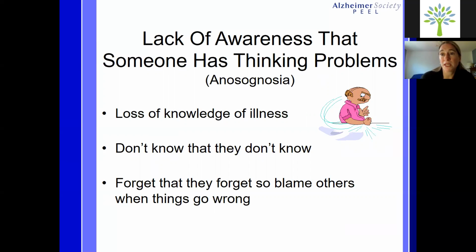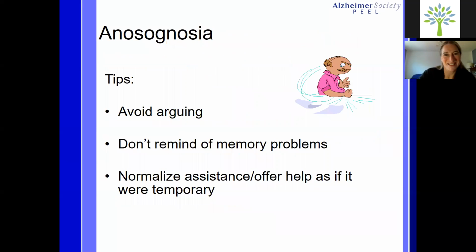So the person has misplaced their hearing aids, their glasses. For ladies, it's often their purse, and someone else is in trouble for that, right? You took my purse. Where did you hide my purse? Where are my glasses? Again, not trying to be difficult, but this person forgets that they forget. So someone else is blamed for that.